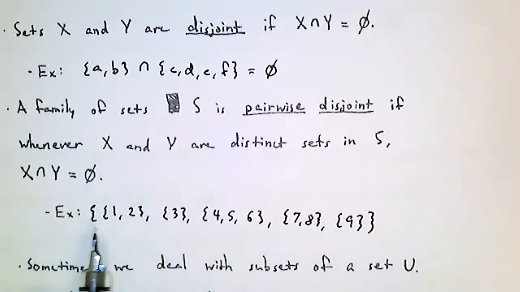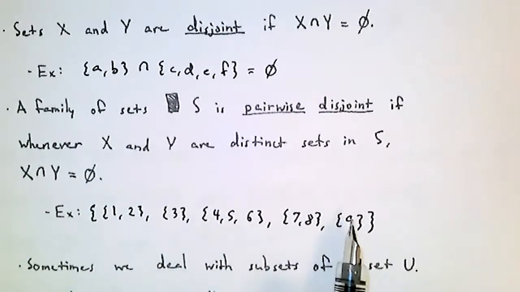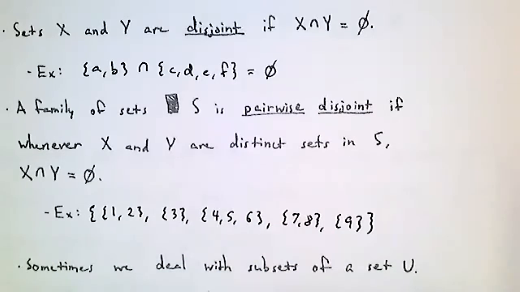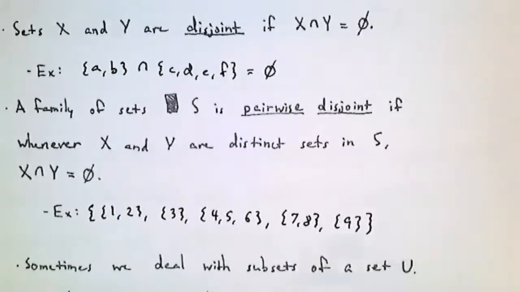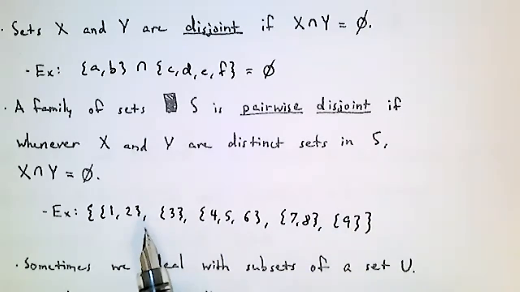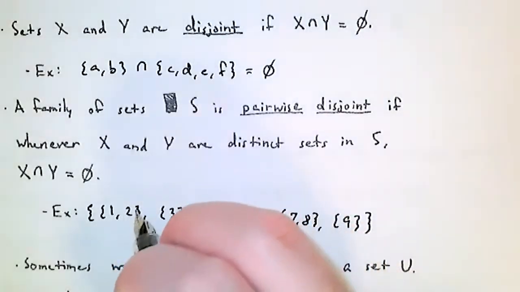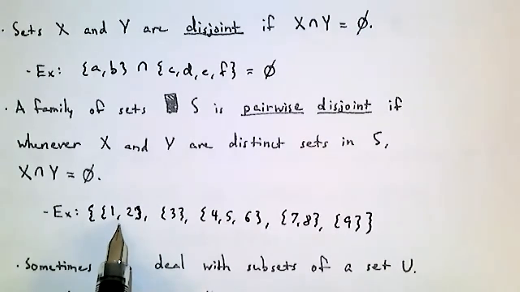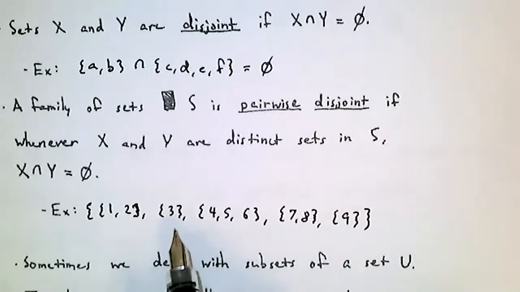So this is a family of sets with the first 9 positive integers. But each of the sets in my family are disjoint from all of the other ones. If I compare the first set with 1 and 2 to the second set, they don't have anything in common.